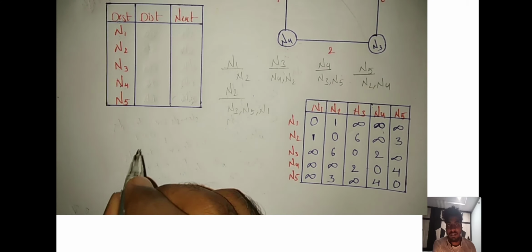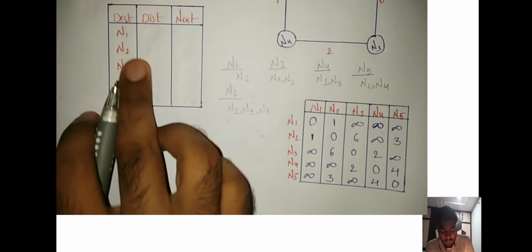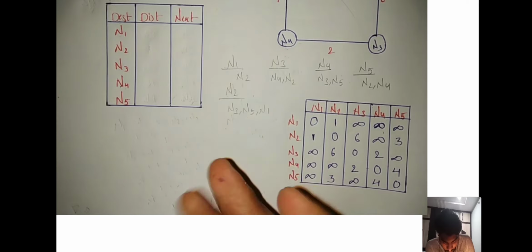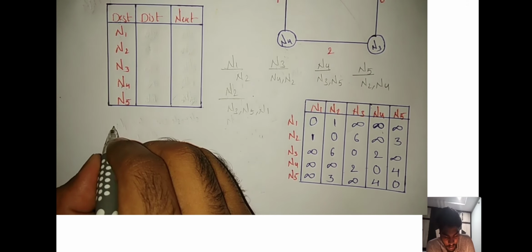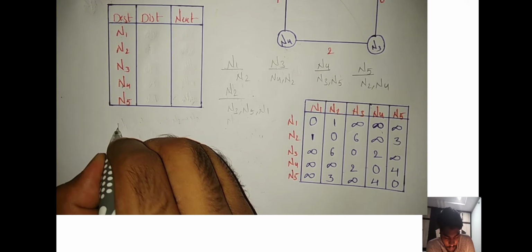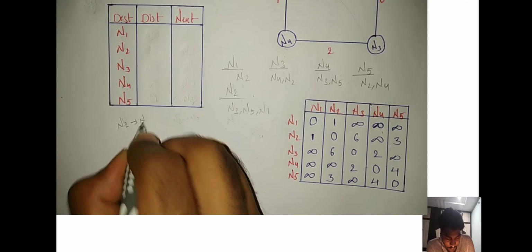Now first we have to go to n1. So what's the path? There will be 3 different paths because there are 3 different distance vectors available for n2. The first path will be n2 to n1.